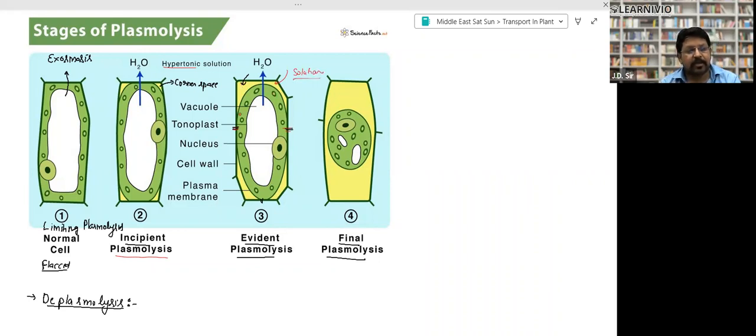You can see the yellow area. The solution from the outside gets filled in this area. This is called evident plasmolysis. And there is a final plasmolysis. In final plasmolysis, the protoplasm becomes round in shape and leaves the cell wall from all ends. The connection between the cell wall and the protoplasm will not be there. This is called final plasmolysis, right?